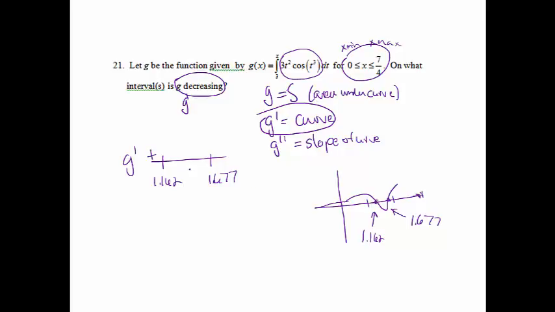And then between 1.162 and 1.677, my values are negative. And then after 1.677, my y values are positive again. Okay, so if I want to know where g is decreasing, I'm going to be looking where g prime is negative, and that will be from 1.162 to 1.677, and that is because g prime is negative.